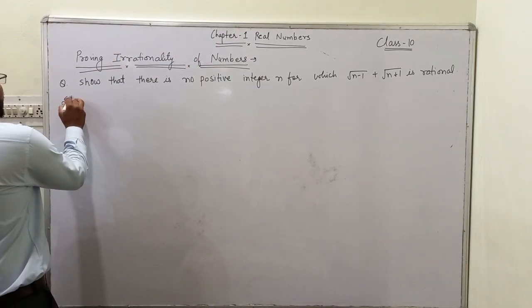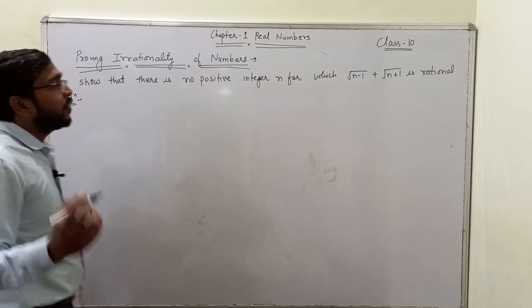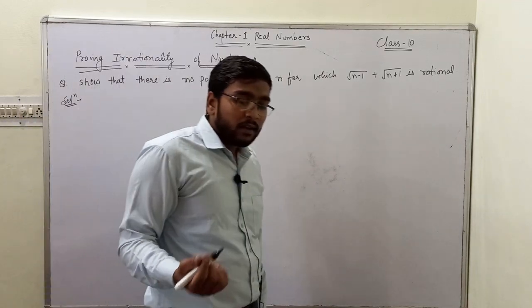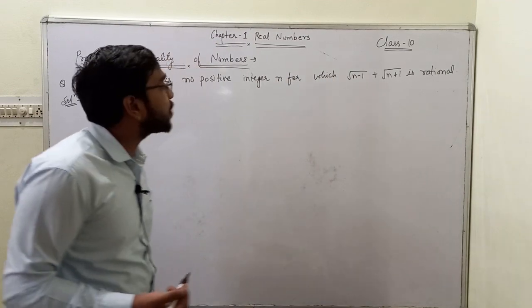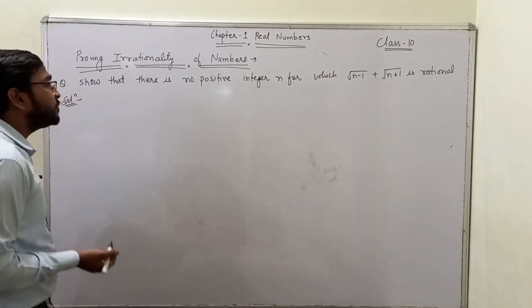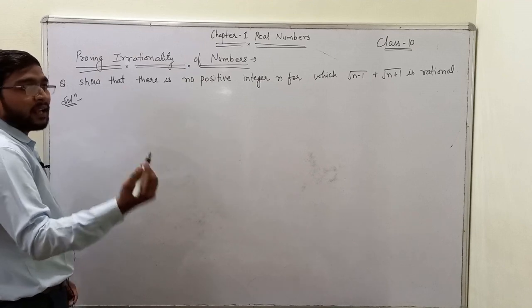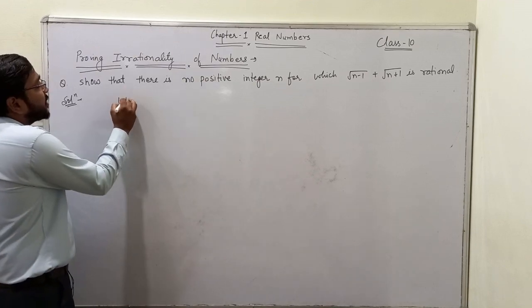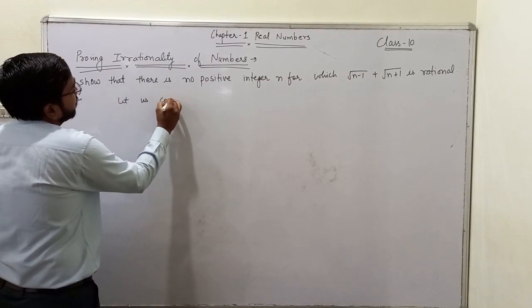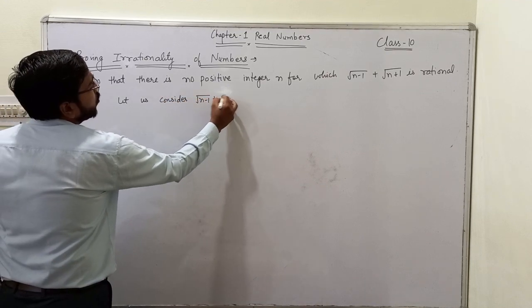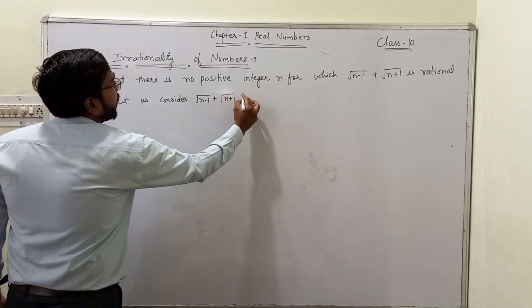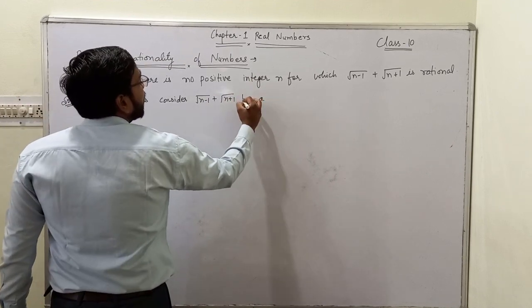Now you must recall what is rationalization from class 9th, how to solve problems based upon rationalization. Now just like the previous problems, let us consider root n minus 1 plus root n plus 1 to be a rational number.